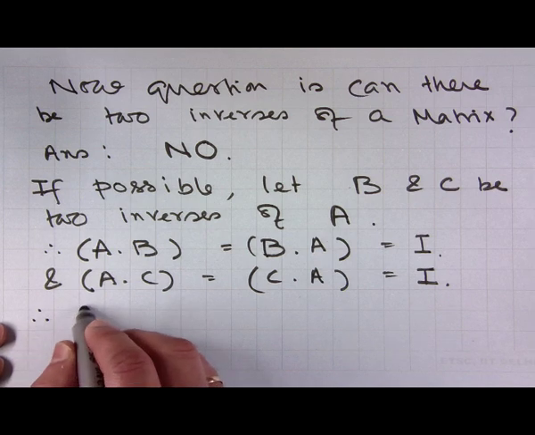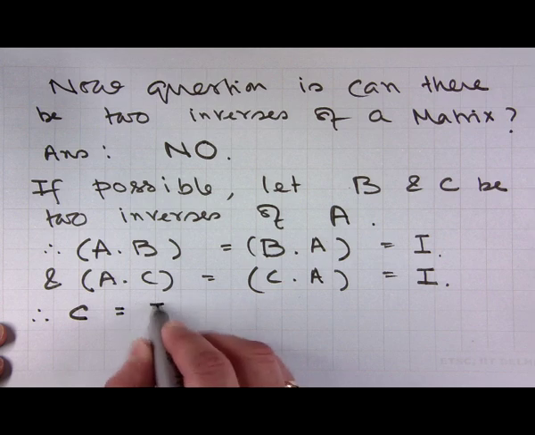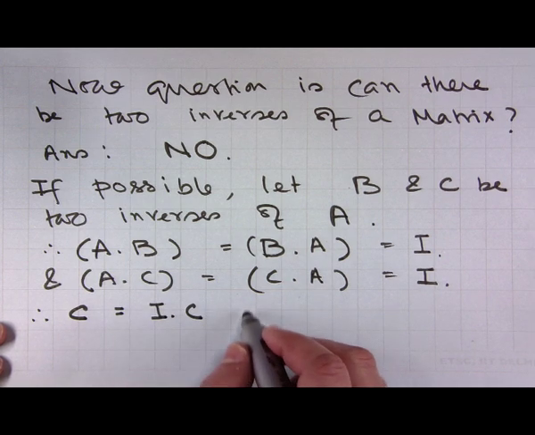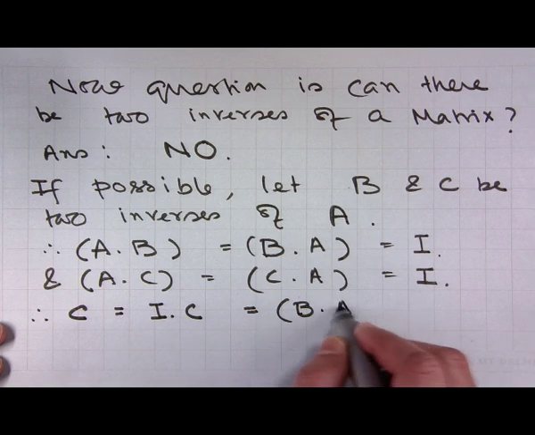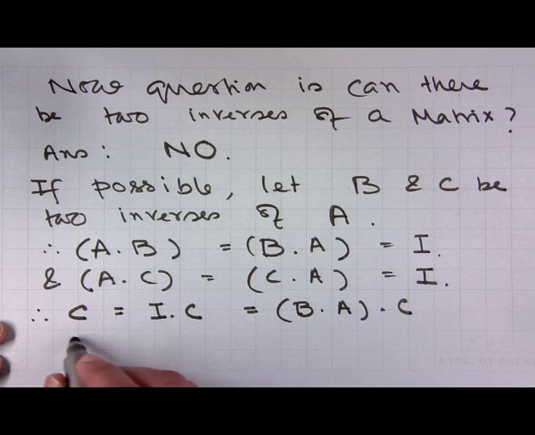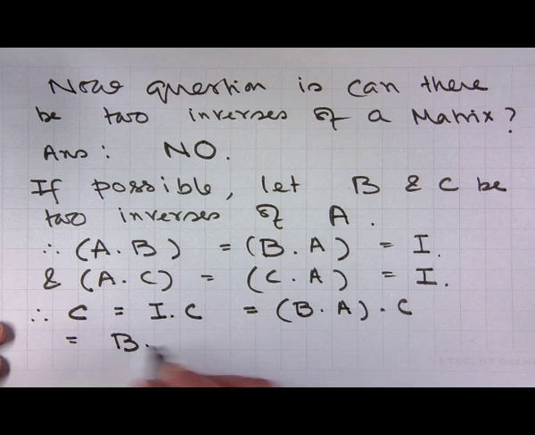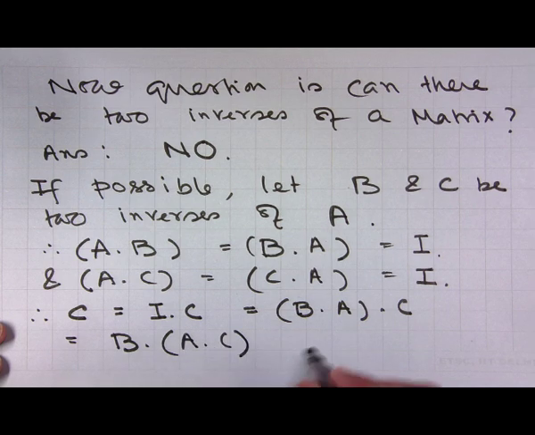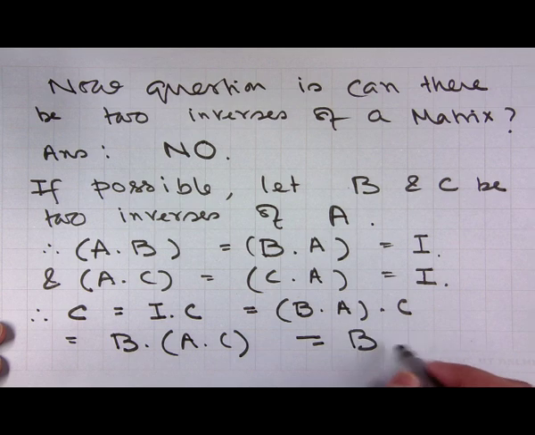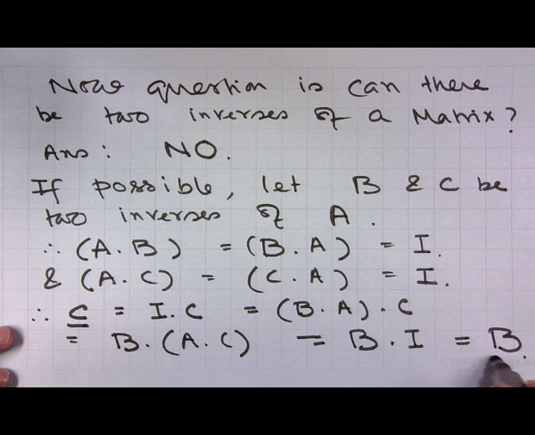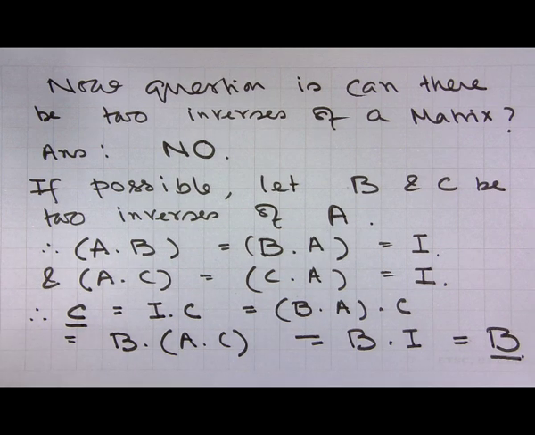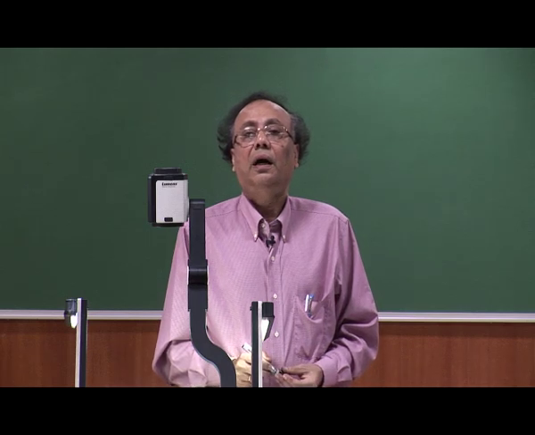Therefore, C is equal to identity matrix multiplied by C, which is B times A multiplied by C, which is B times A multiplied by C, which is B times identity, which is equal to B. Therefore, we get C is the same as B, or in other words, the two inverses of A are equal.